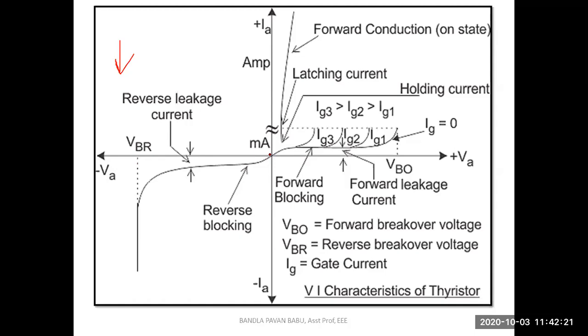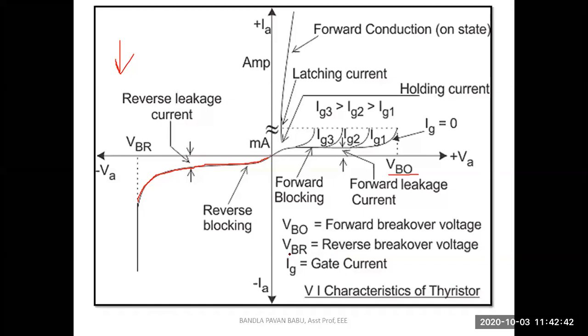Here a current of the order of milli or microamps flows in the reverse mode of operation up to a certain extent. What is that extent? Up to VBR. First of all, look at this VB0, the forward breakover voltage.